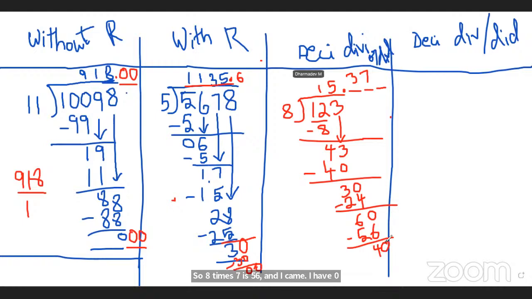No, Hamrit, check it again. Hamrit's answer is wrong. Only till 3 is correct. You cannot add a 0 on the answer. Only over here 0.